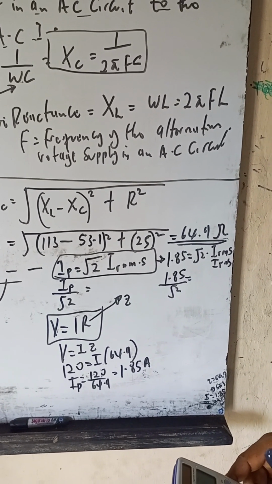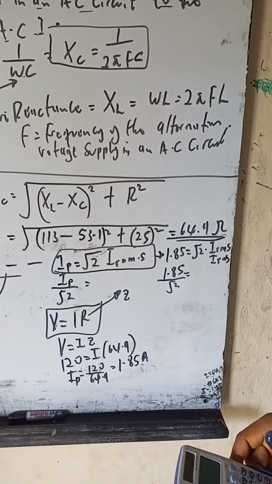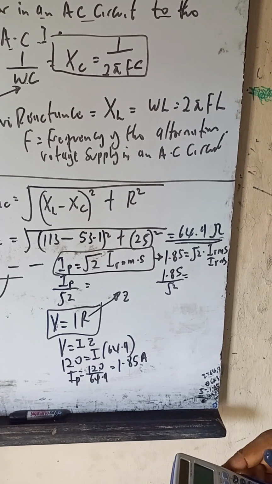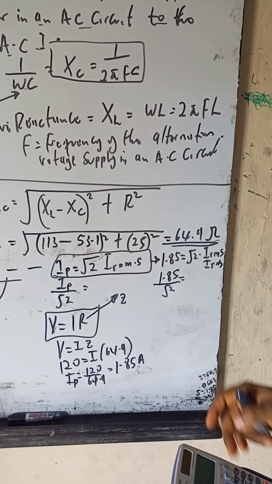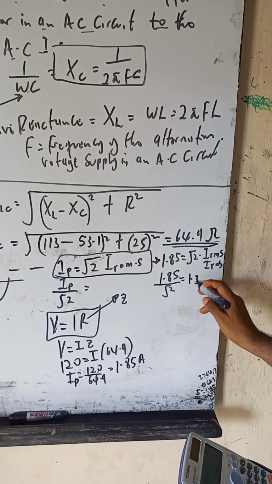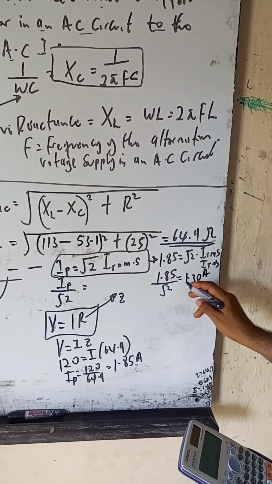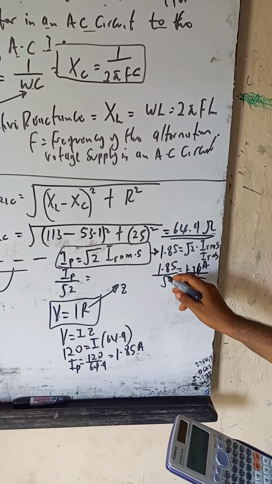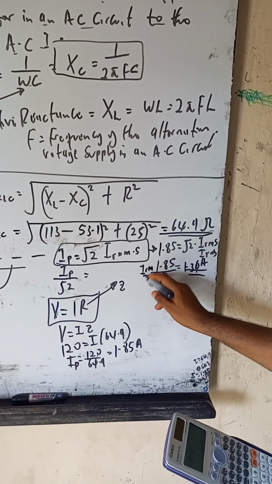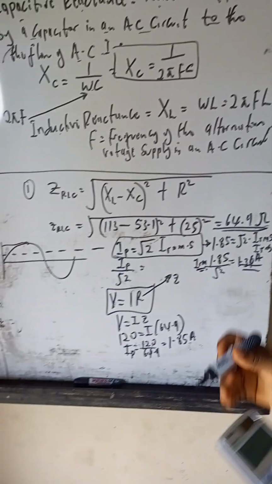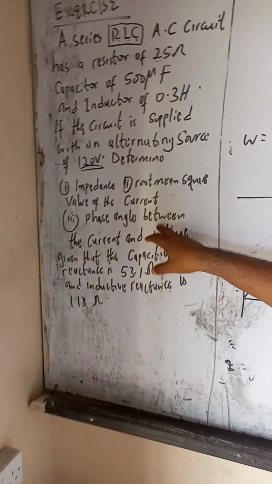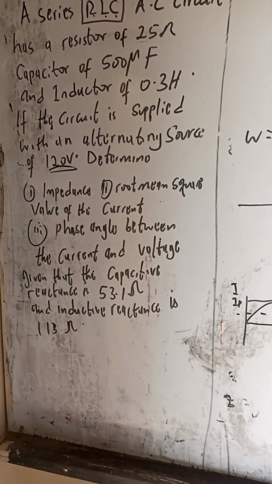So I have 1.31 ampere as my final answer, as my root mean square value of the current.